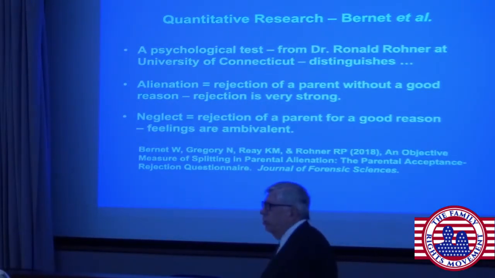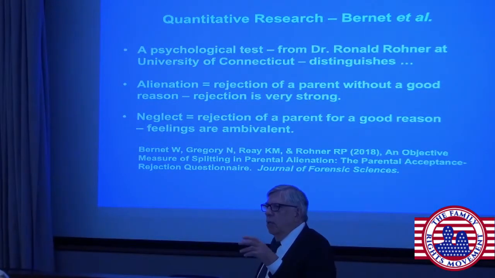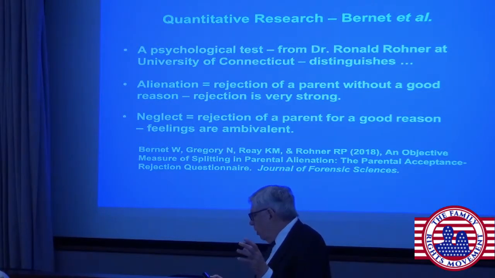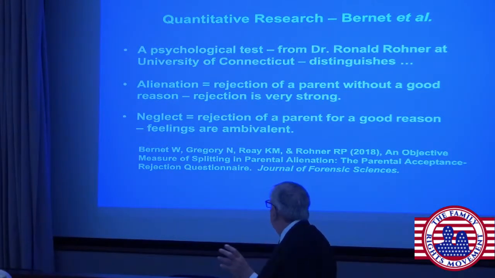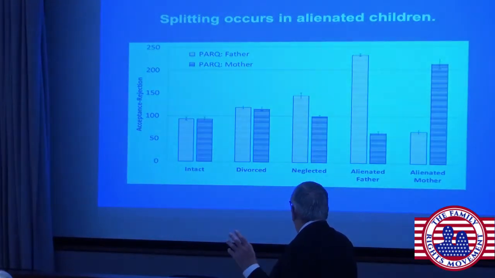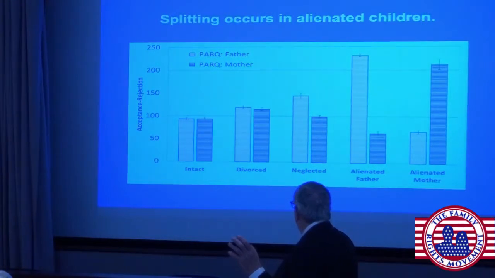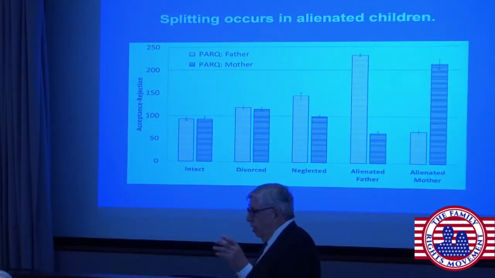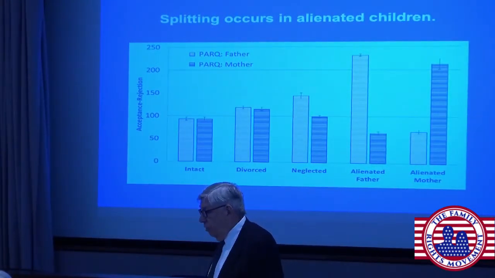His name is Ronald Rohner. He developed a wonderful test a number of years ago, and then he and I used it, and we were able to prove that alienated children behave differently from all the other groups of children. If you send me a note, I'll send you the reprint, and you can read about it.